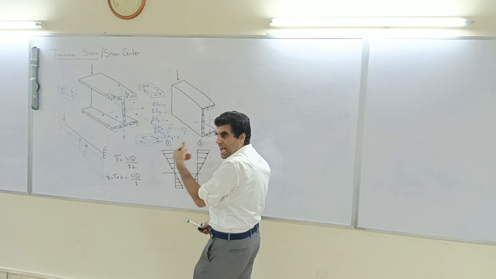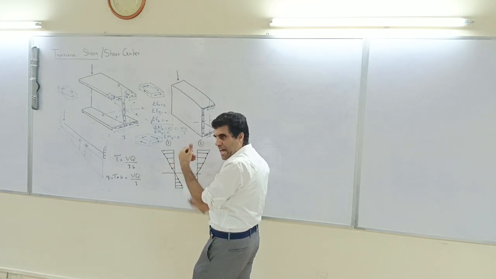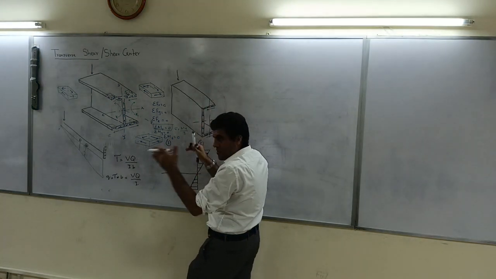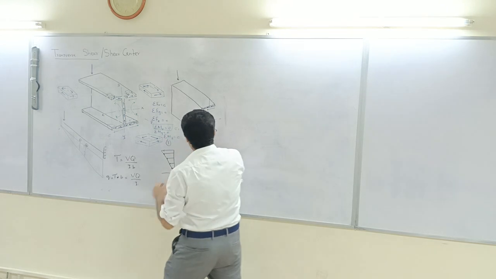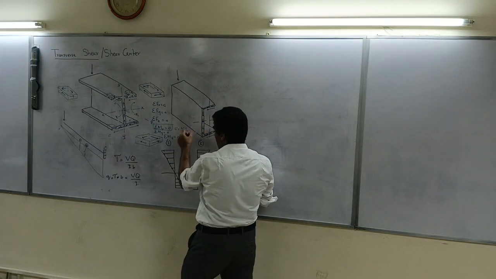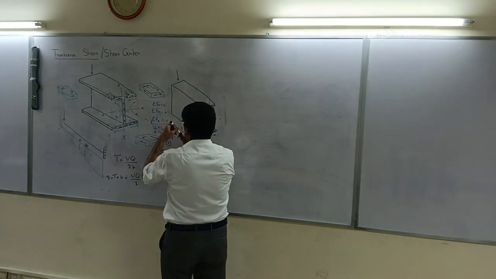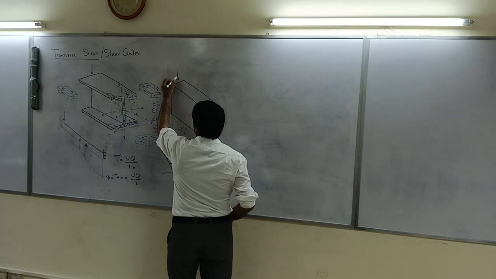So you don't apply the load at the neutral axis, you have to apply the load at a particular distance from this y axis to have a countering couple. So in other words, this load must not be applied over here.